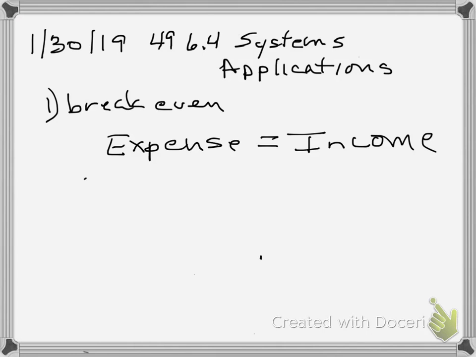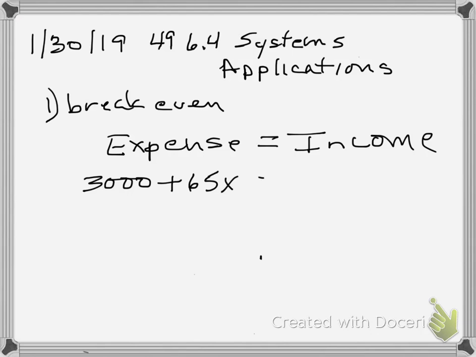In my problem, it's $3,000. And this one's a bike shop, so you also pay $65 per bike. With the word per, that's when you put the X: 3000 plus 65x. That's per bike. That's your expenses.